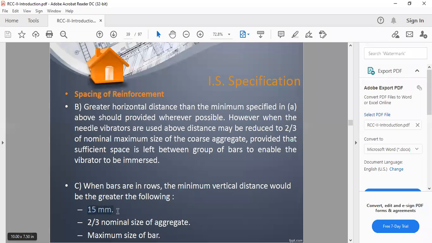The first one is 15 mm, then two-thirds of the nominal size of aggregate, and then the maximum size of bar. So out of these three, whichever is the greatest. Either 15 would be greater, or two-thirds nominal size of aggregate may be greater, or sometimes the maximum size of bar may be greater. So the minimum vertical distance has to be like this.